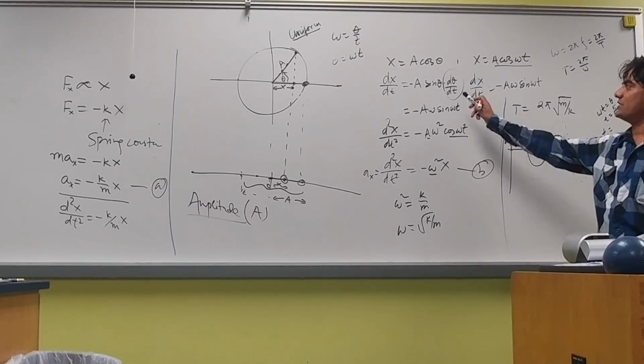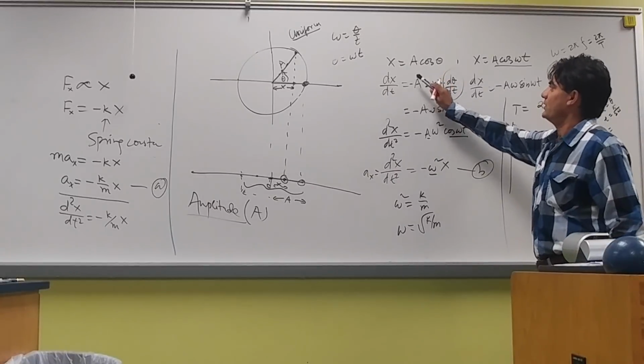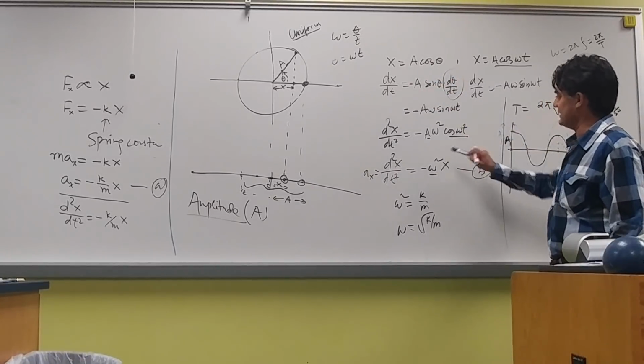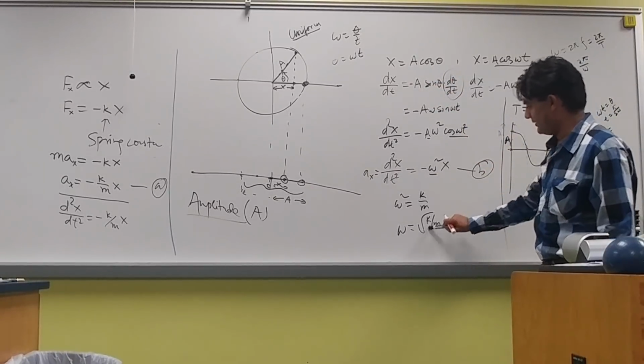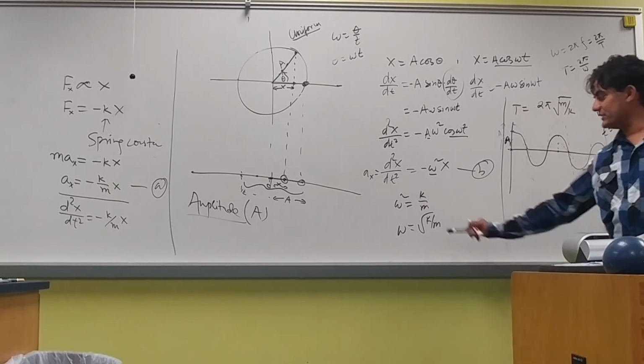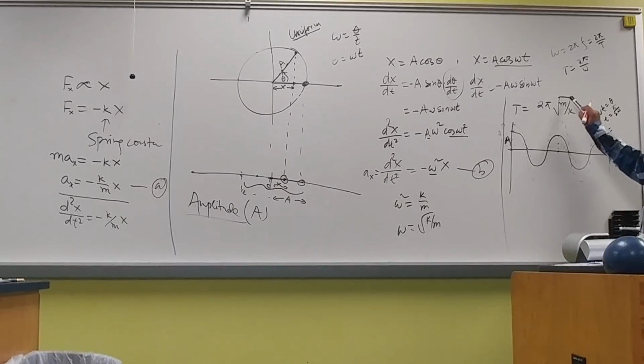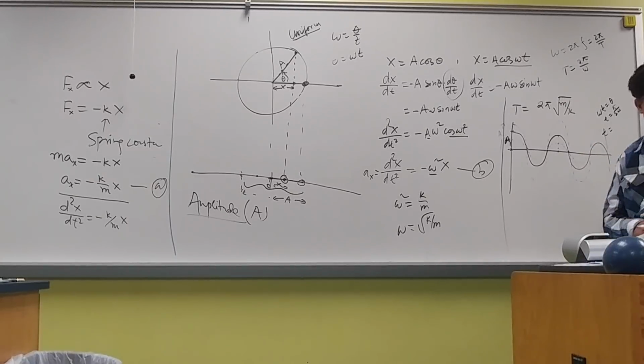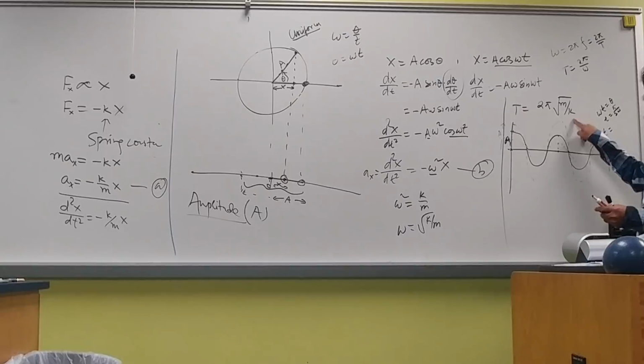Plot what happens if you increase the amplitude, what happens if you increase K, and what happens if you increase the mass. If you increase mass, your time period will increase, but if you increase K, your time period will decrease.